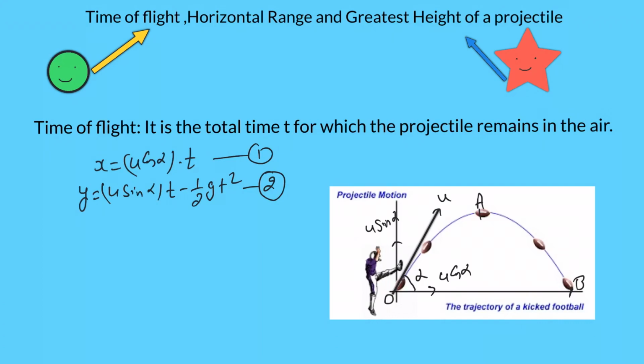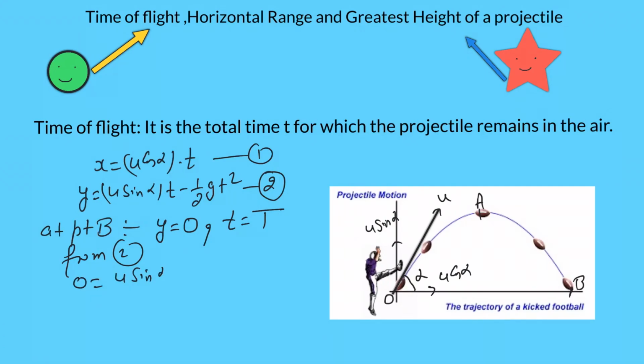So if I say that at point O the vertical distance is 0, and the time taken is say capital T, which is the time of flight, then from equation 2 it becomes 0 equals u sin alpha T minus 1 by 2 g T square.